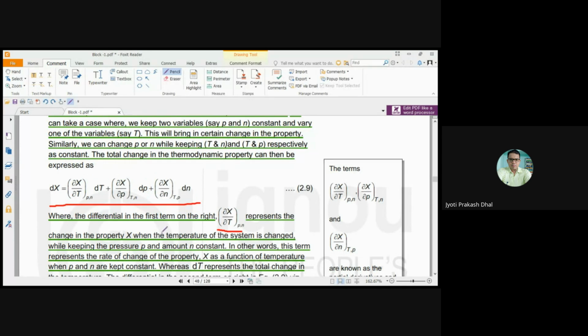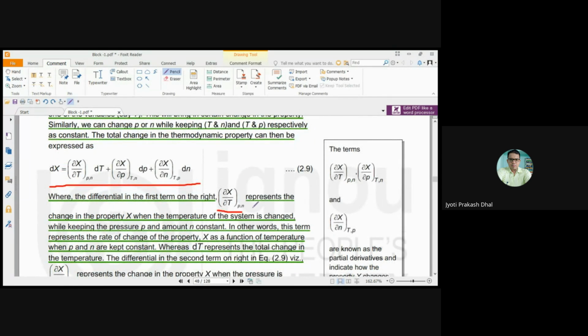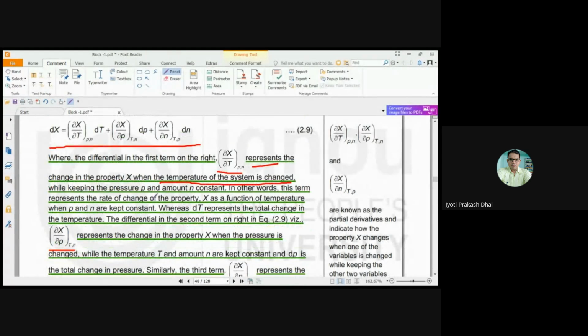The first differential term represents the change in property X when the temperature of the system is changed, keeping pressure and number of moles constant.